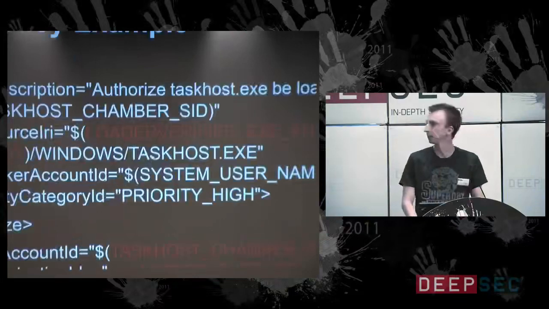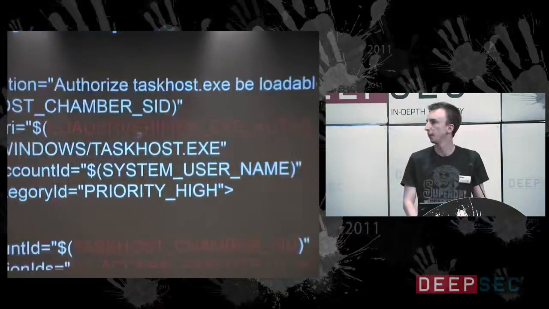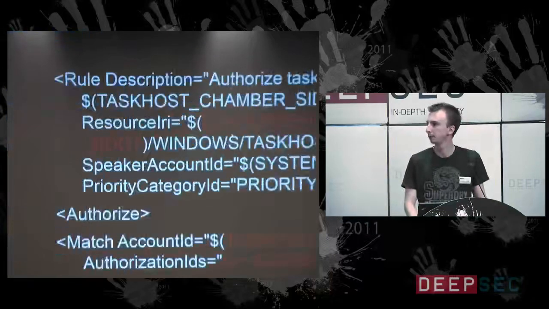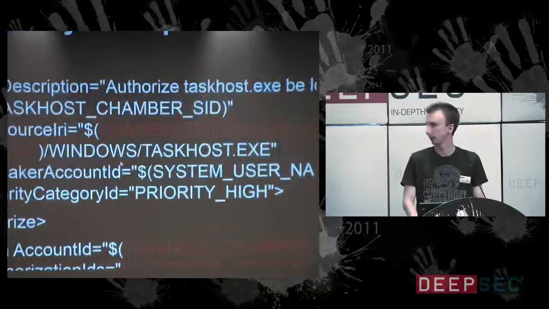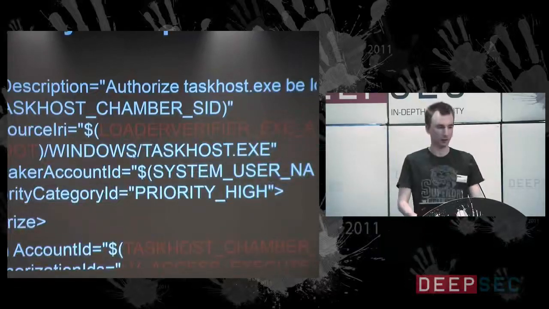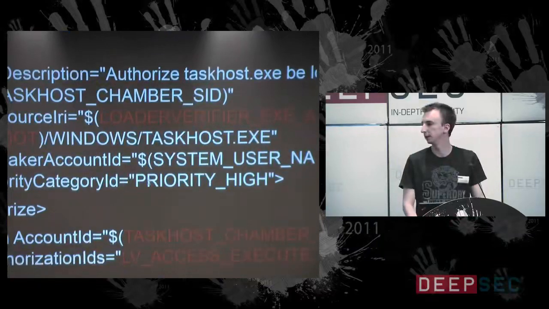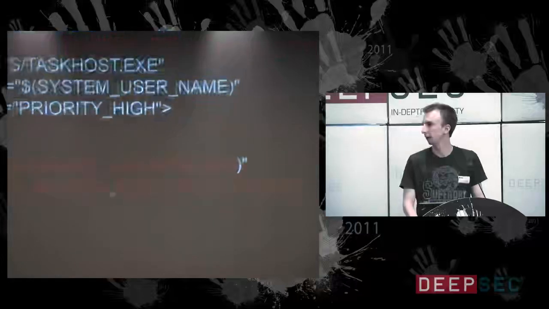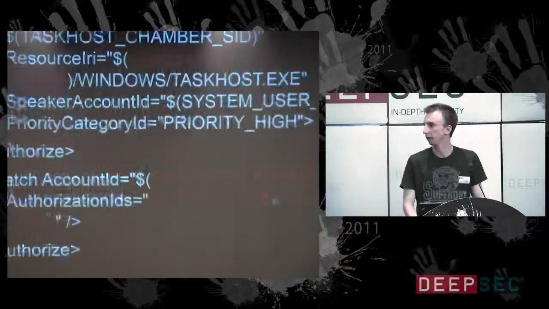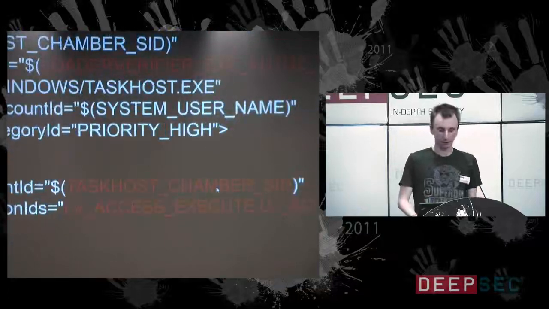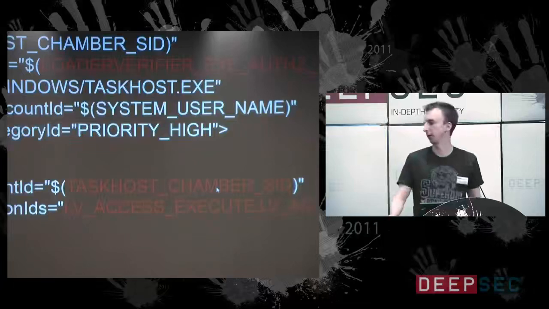So this policy file basically states that the loader verifier for /windows/taskhost.exe, that's the file system path on the phone of that binary, has execute access and load access to the target chamber SID, for that user account.